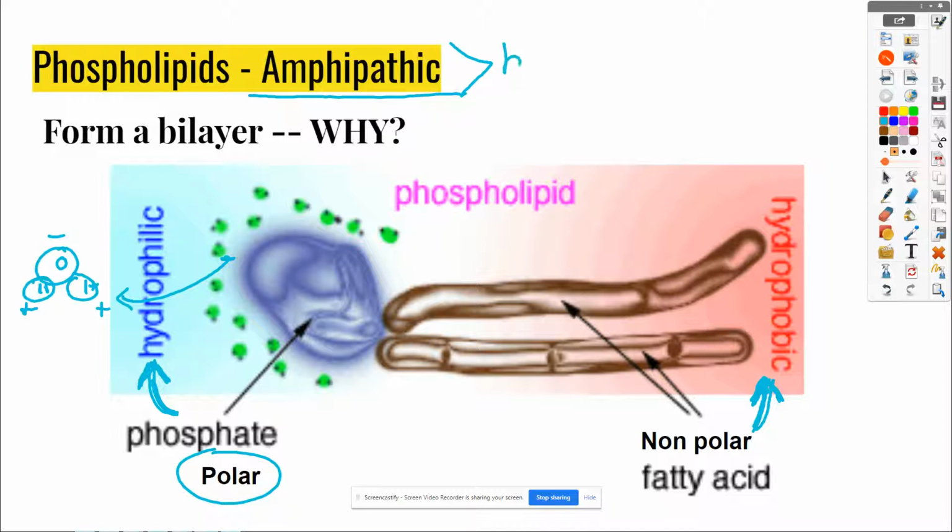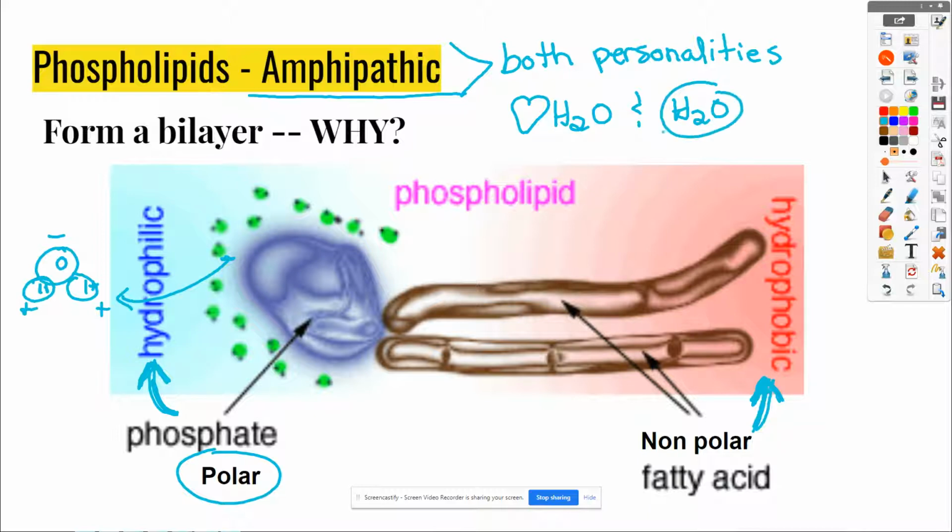And amphipathic means it has both personalities, which means it loves water and it hates water. And that amphipathic property is why it forms a bilayer, because those hydrophobic tails pull towards each other. They have those hydrophobic interactions, and they pull towards each other to stay away from the polar environment that the water creates.